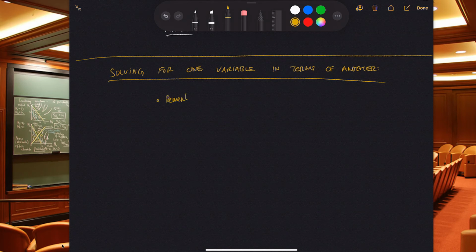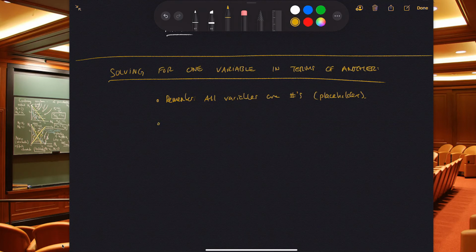All variables are numbers. They're really placeholders for numbers, right? So any rule that works on numbers needs to work on variables.